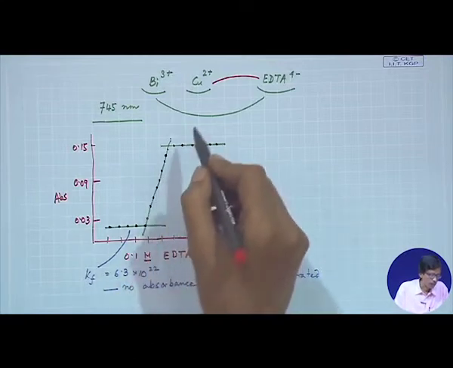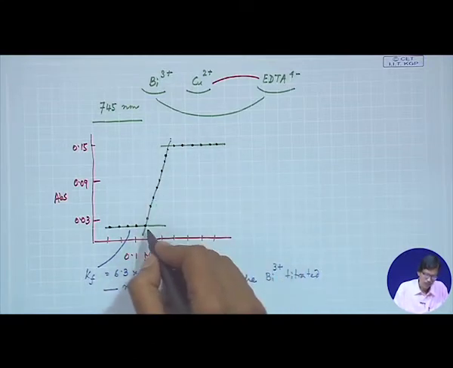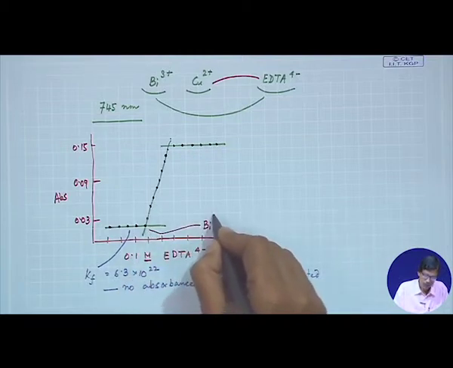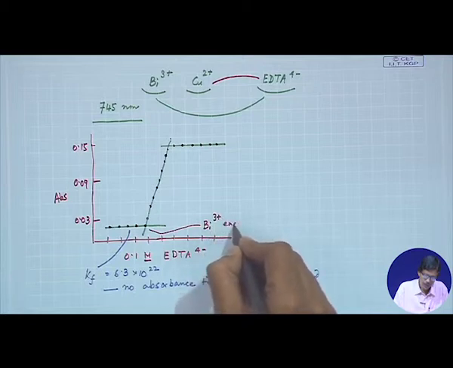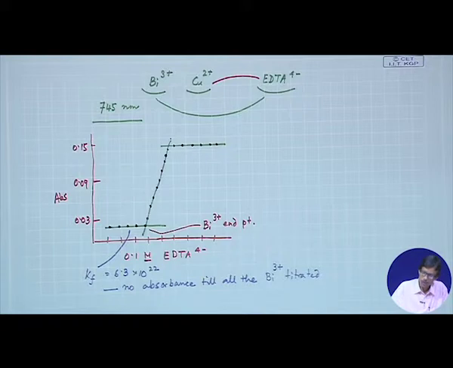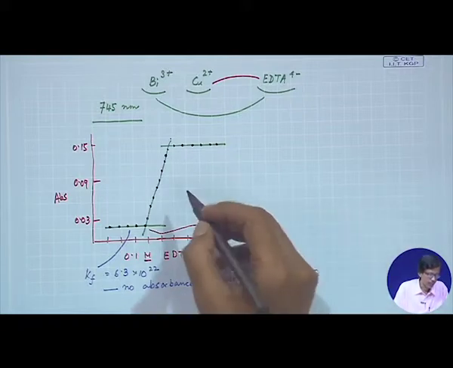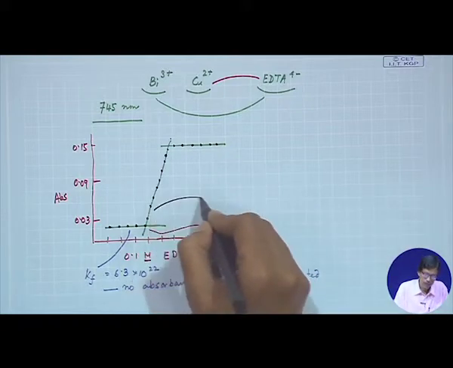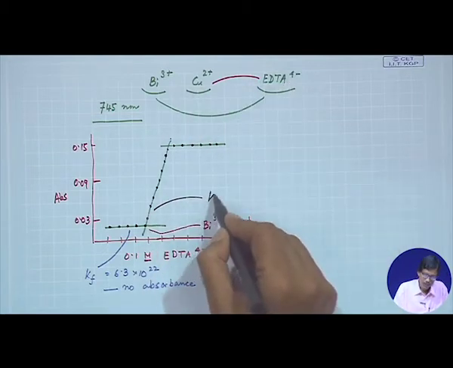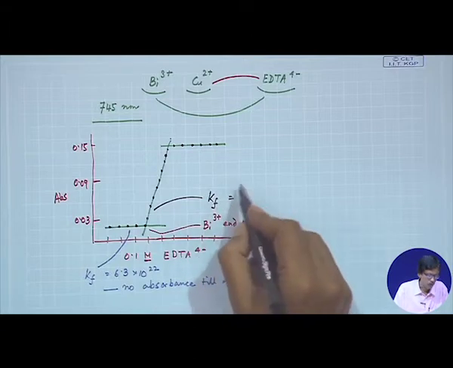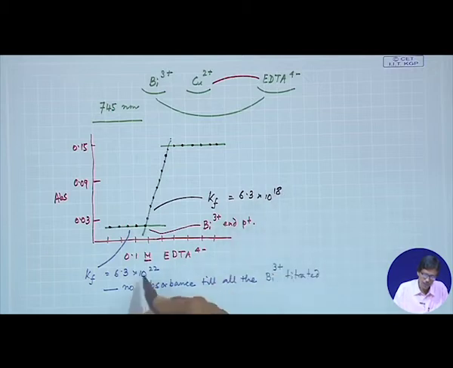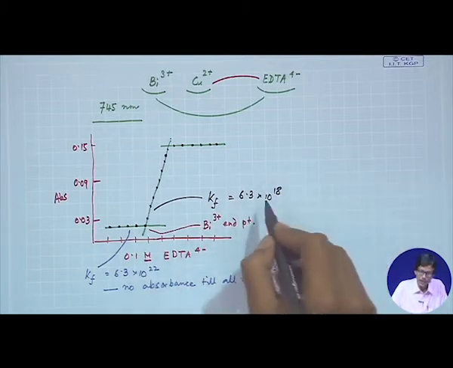This therefore shows you the corresponding end point of your bismuth. Then your copper started consuming. So, this particular point is our bismuth 3 plus end point. After that we get the complexation reaction between copper and EDTA, which has a corresponding Kf value of 6.3 times 10 to the power 18. It was 10 to the power 22 and now it is 10 to the power 18.